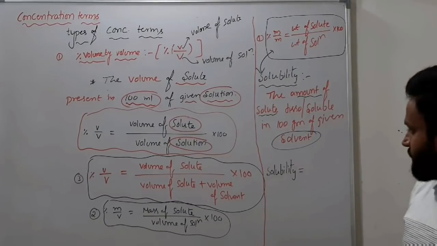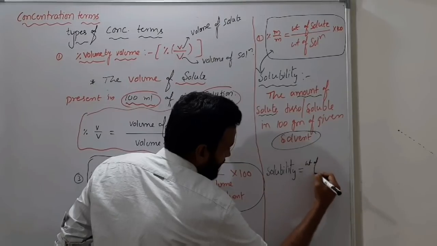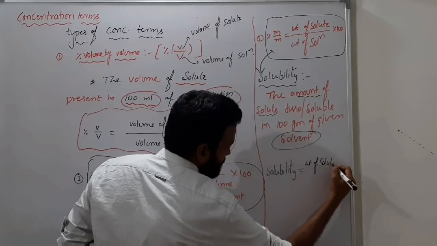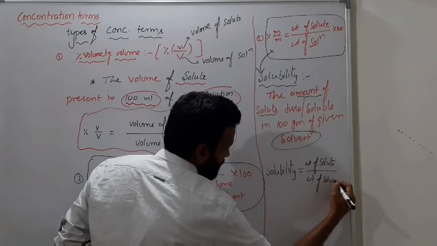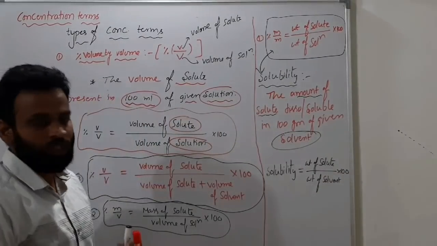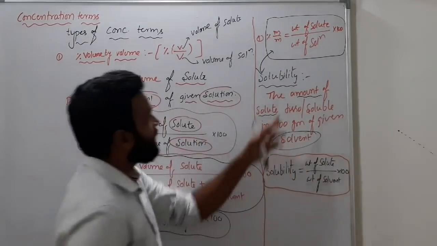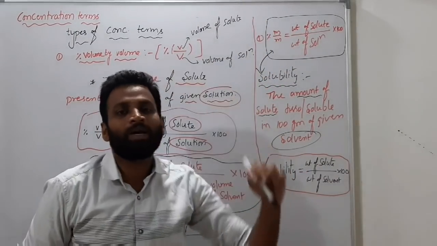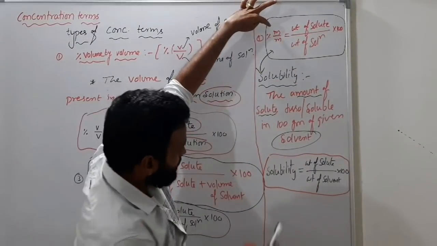Solubility you can write as weight of solute by weight of solvent into 100. Just observe carefully this solubility formula as well as the percentage mass by mass formula. Observe both.